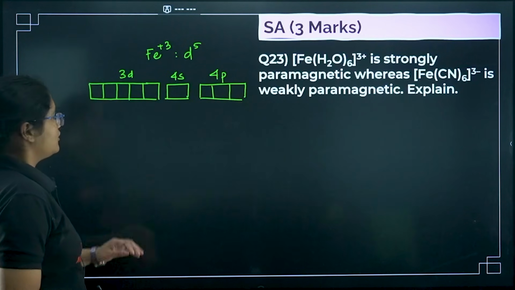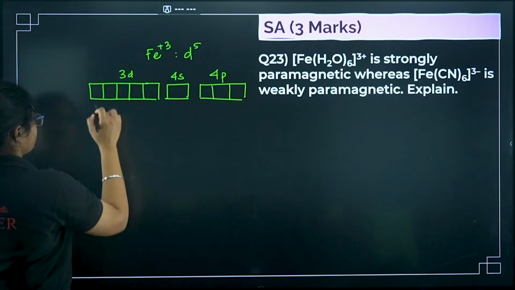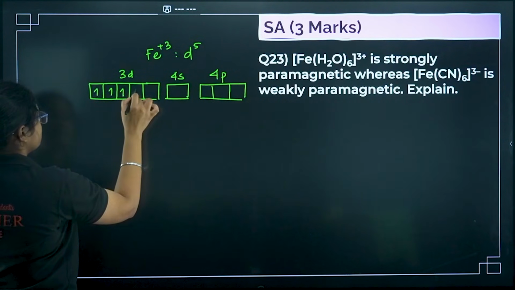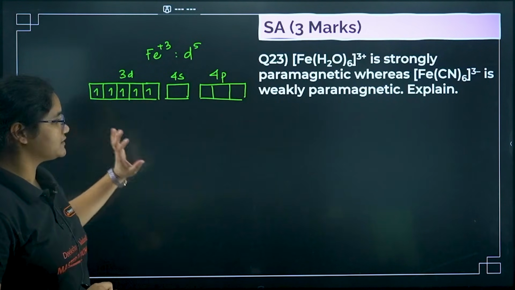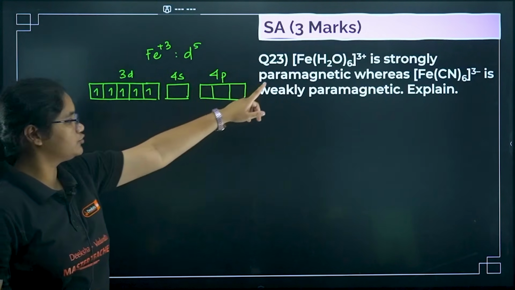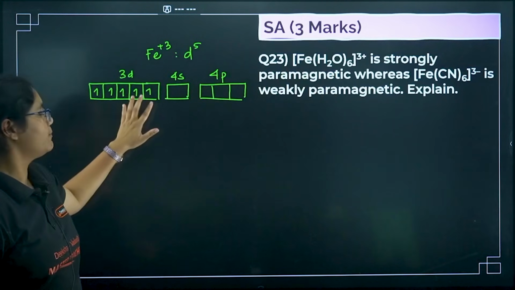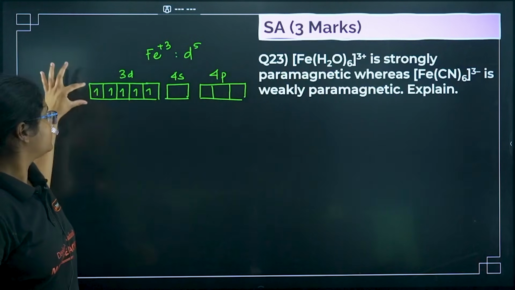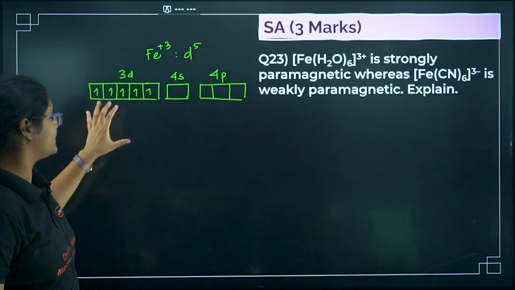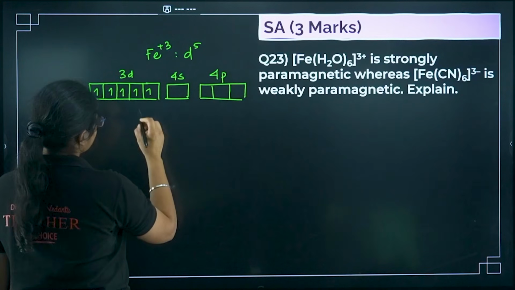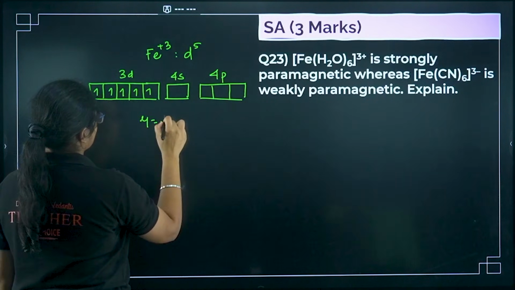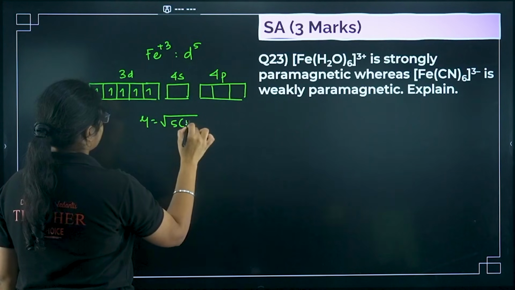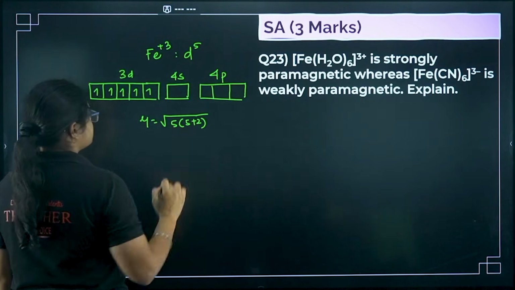Now here you see this is d5 configuration, 5 electrons are present. Since H2O is a weak field ligand, there is no pairing of electrons. Now these 5 electrons can create the paramagnetism, and the magnetic moment will be equal to root over of 5 plus 2. This is the formula.